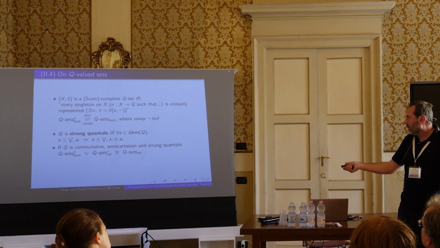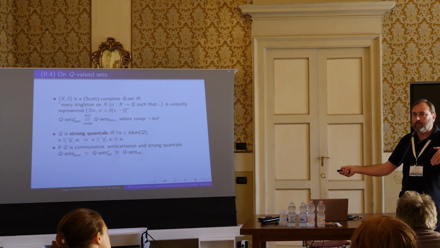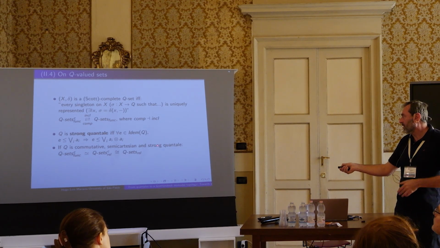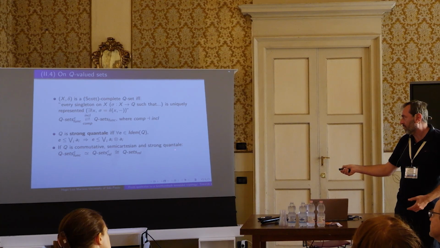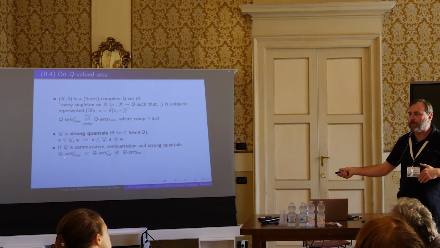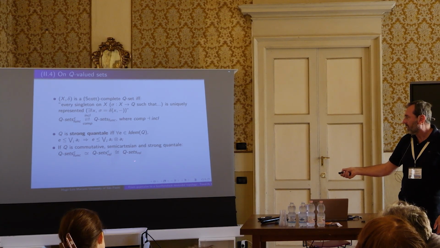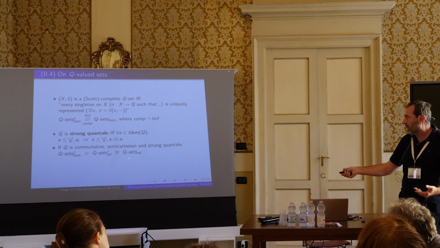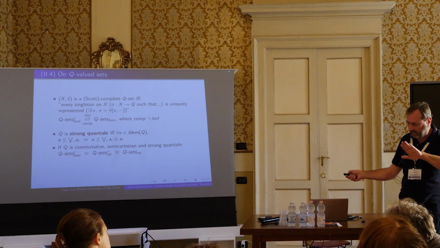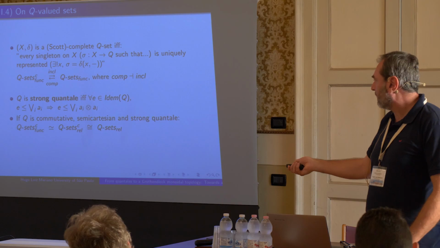Then we arrive at the equivalence of these categories of complete Q-sets, for Q commutative, semi-Cartesian and strong: complete Q-sets and functional morphisms, complete Q-sets and relational morphisms, and all Q-sets and relational morphisms. So this is one approach, a naive one, from the part of quantale-valued sets.